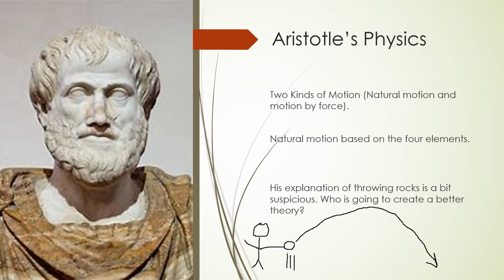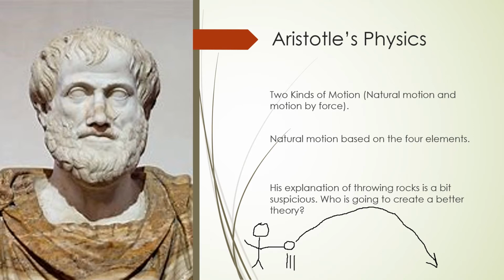And Aristotle has to explain why it takes this path. Because even back then, people knew that's the path that it takes. You could throw a rock. Throwing a rock, we assume, followed the same physics in Aristotle's time as it does now. And so it made this pathway.